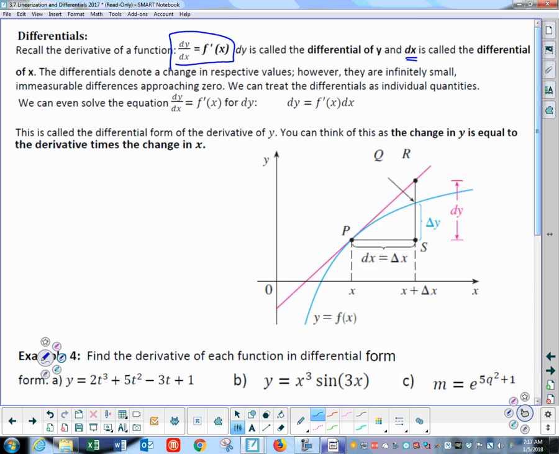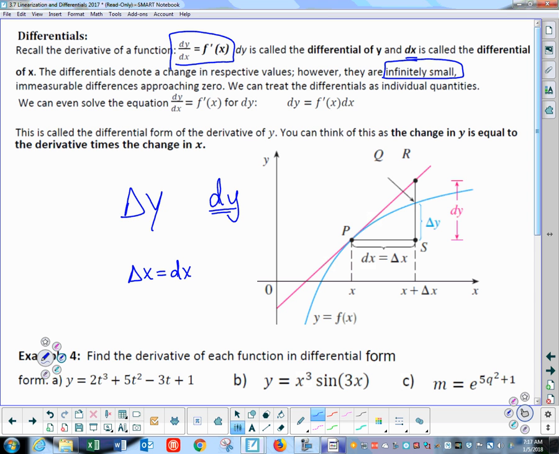The difference between a delta y and a differential y is that differential y is going to be just infinitely small. We're looking at immeasurable differences. Now, delta x and dx can be the same, and I want to refer to this diagram that we're looking at here to help explain what we're after.